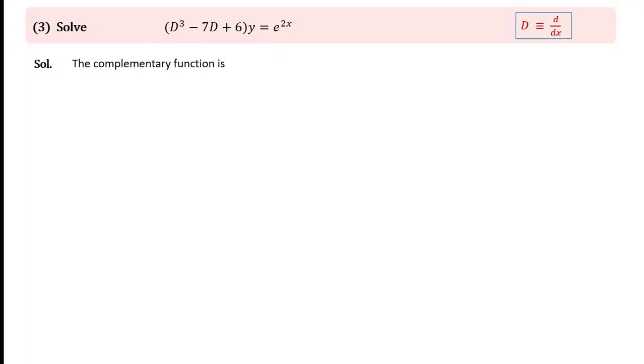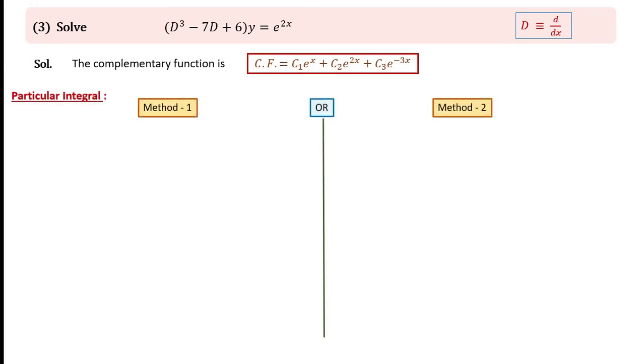Third question. The complementary function of the given differential equation is. Now we will find the particular integral by applying two methods as we discussed in the previous question. In method 1, the particular integral is, here if we put D is equal to 2, the denominator vanishes.